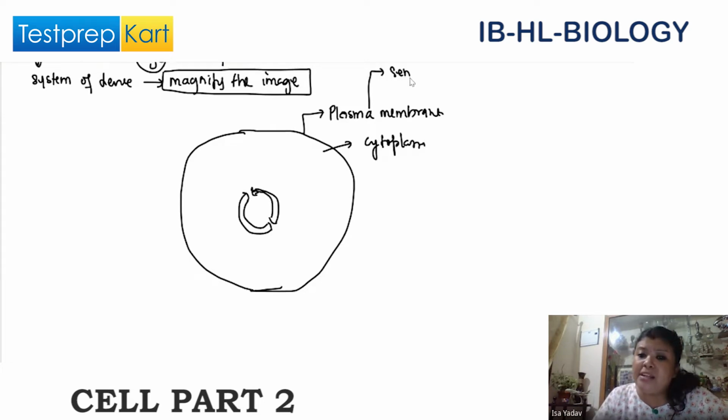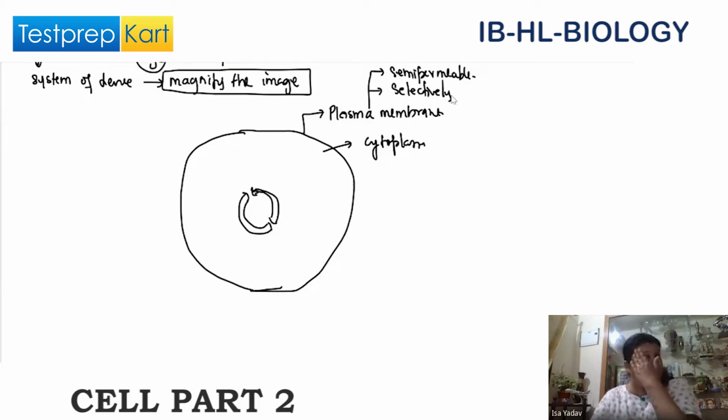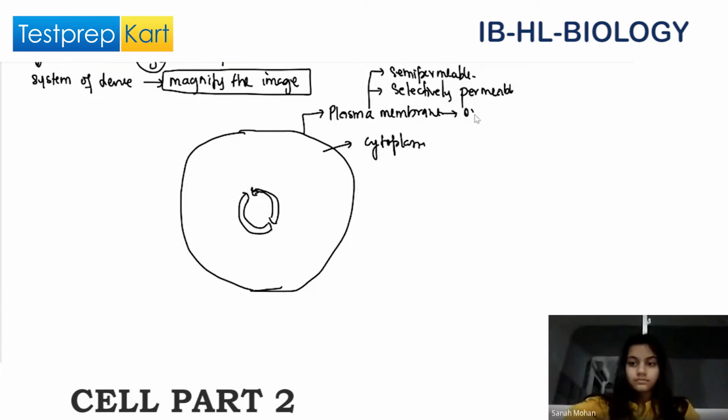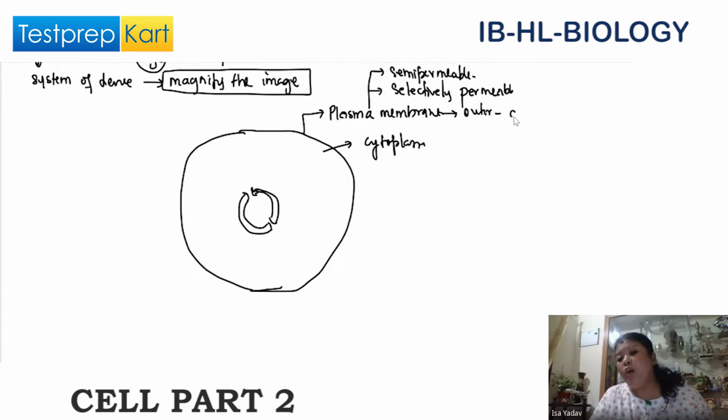The plasma membrane is semi-permeable in nature. The plasma membrane is also selectively permeable. The plasma membrane is the outermost membrane of an animal cell.